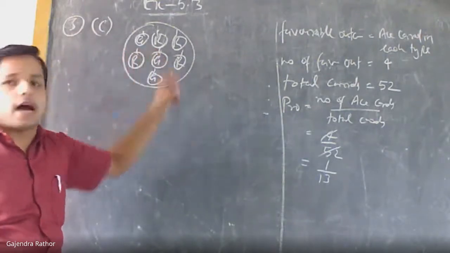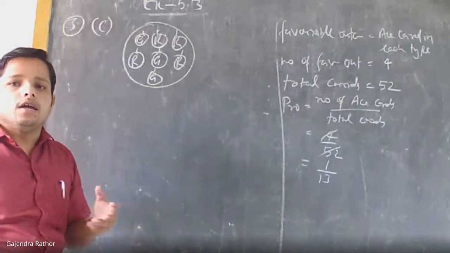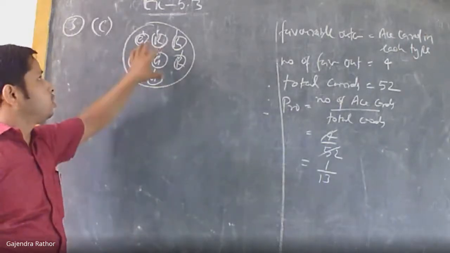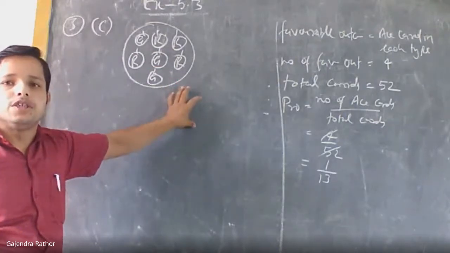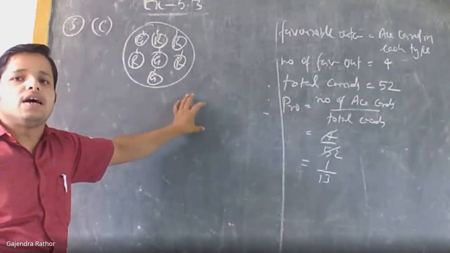What is the G and R? G is for green and R is for red. So these are the indicating colors of these apples. G for green apple and R for red apple.